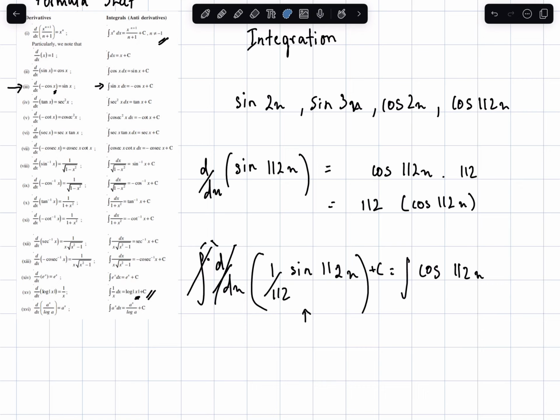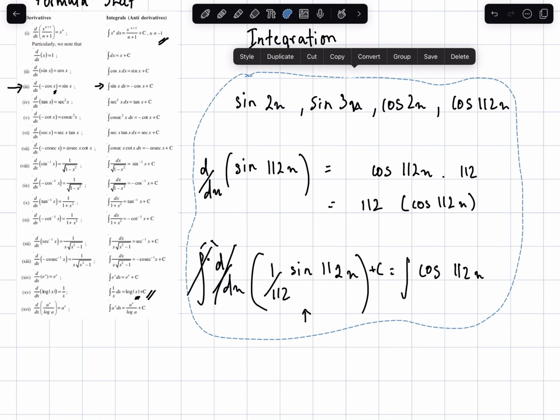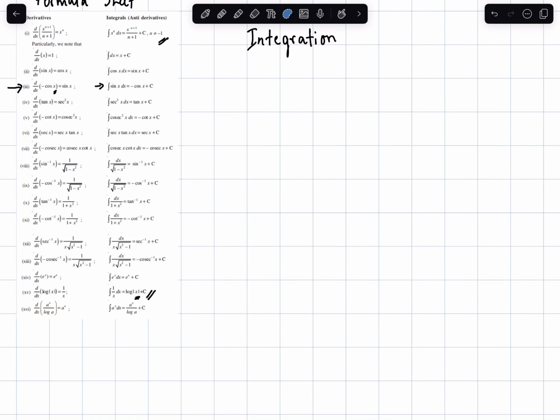Now, what about something like question 3 in exercise 7.1, which is e raised to the power 2x? Very interesting. So how do we do this?